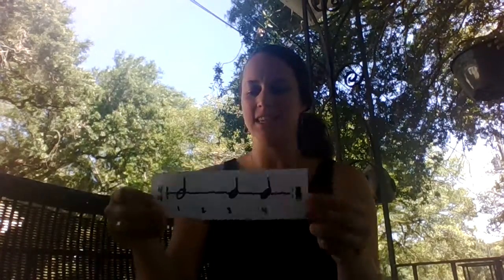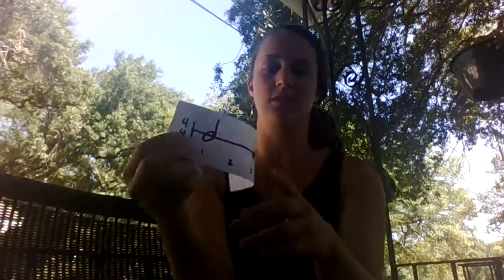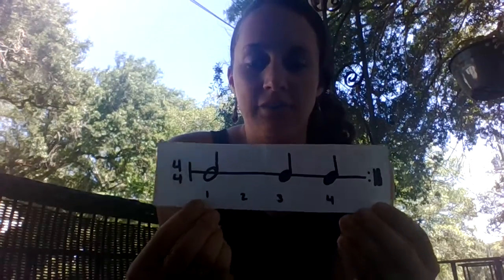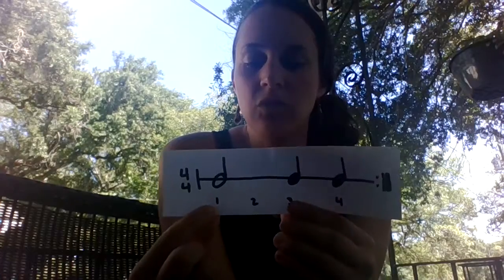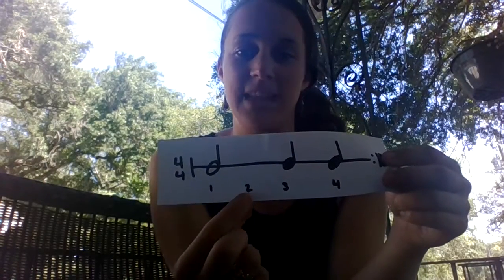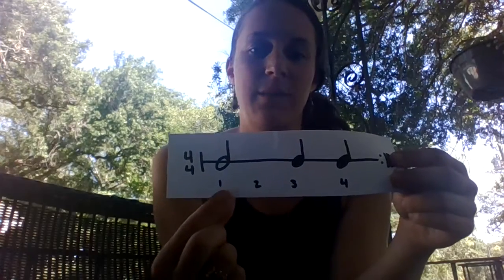So I made 2 measures that are just a teeny bit more challenging because each has 2 different kinds of notes in a measure. So first, we have our half note. If you don't remember how many beats a half note is worth, then you can just look at how many beats it's worth here. How many beats is there?